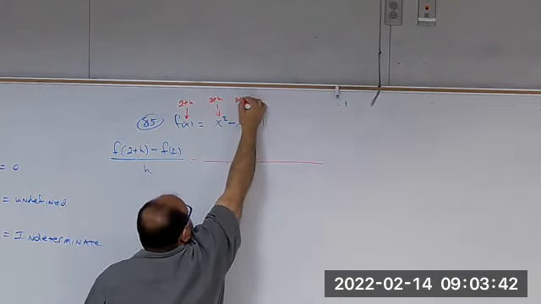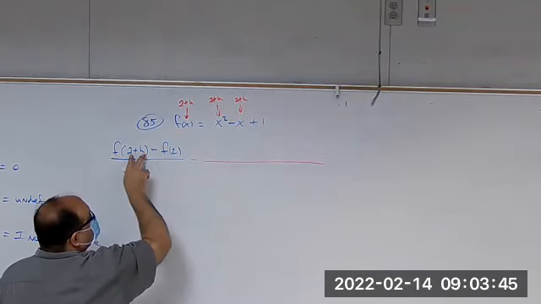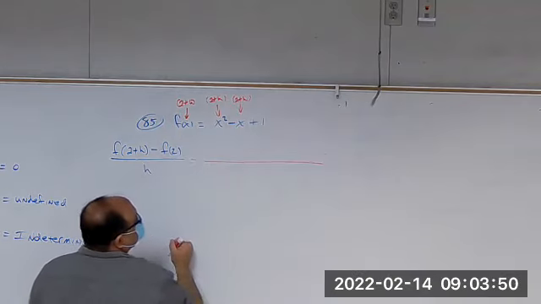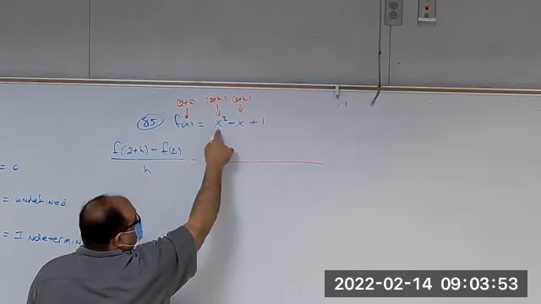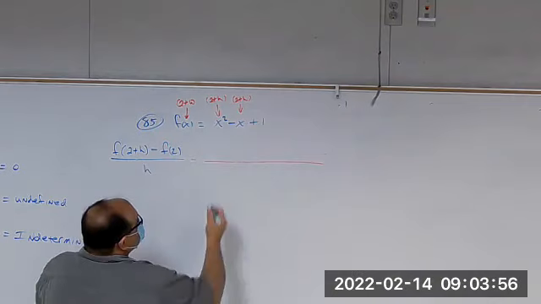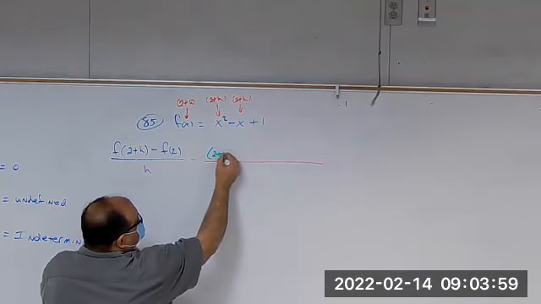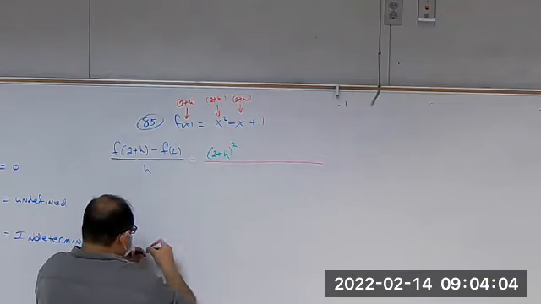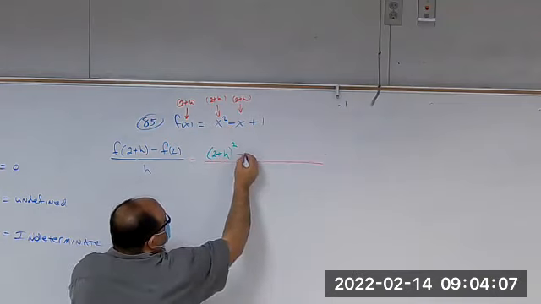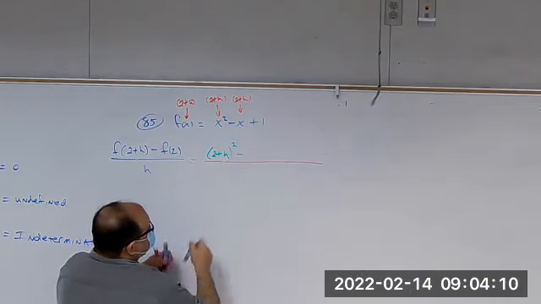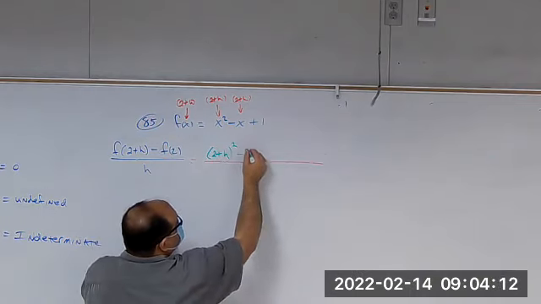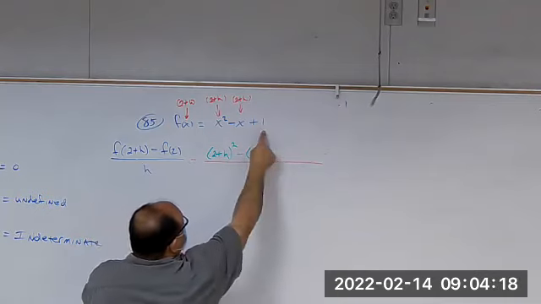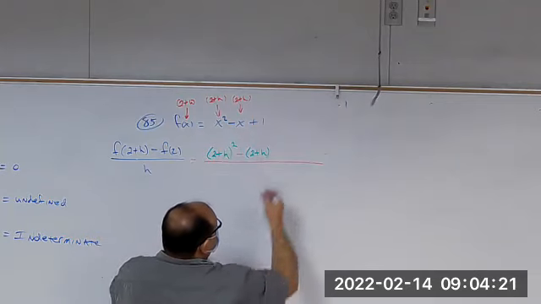Now, because you're replacing x with two terms, put it in parentheses when you make that substitution. So this x squared is now parentheses 2 plus h squared, minus, that x is a 2 plus h, so minus parentheses 2 plus h. And for the rest of the function for f of x, don't forget to put the plus 1.